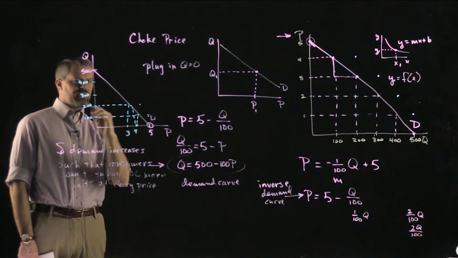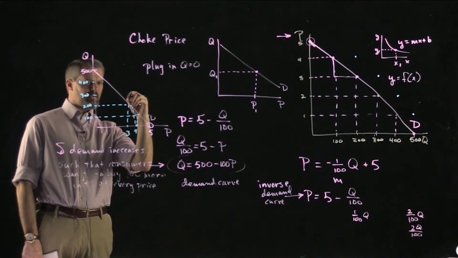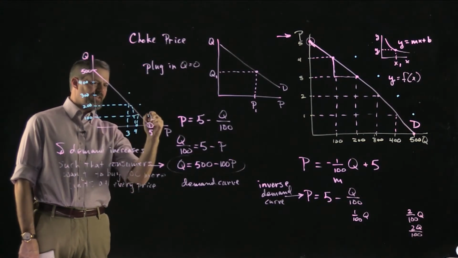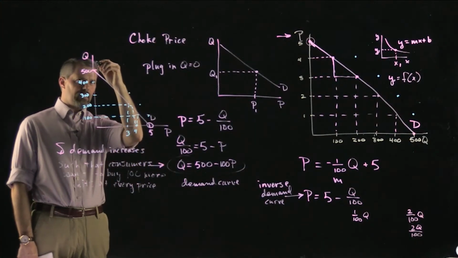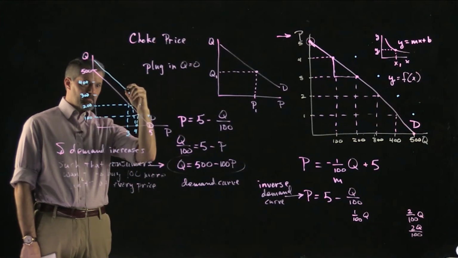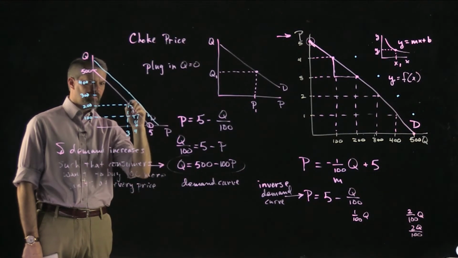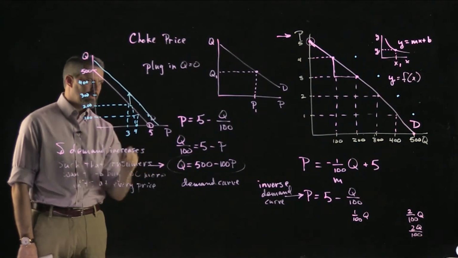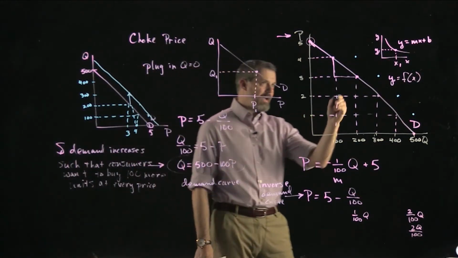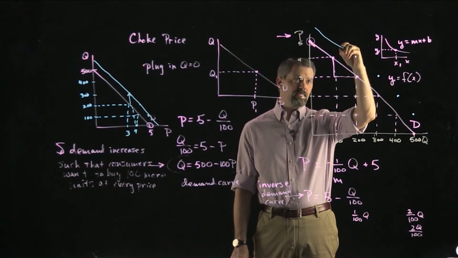At a price of 3, they wanted 200, now they're going to want 300. You can see that what this does is it moves it straight up by 100 units. This one moved to the right by 100 units.